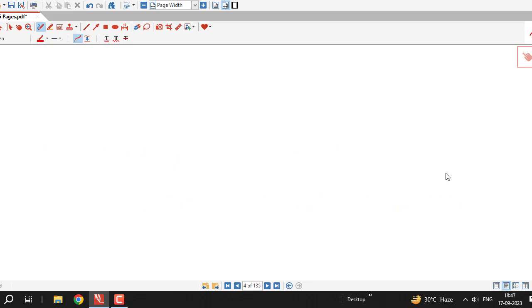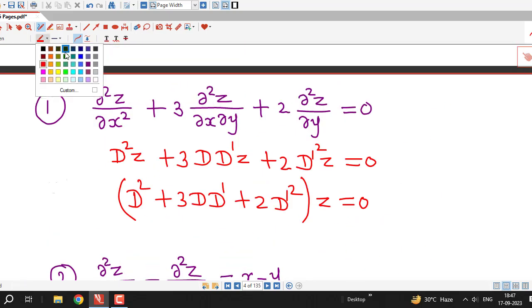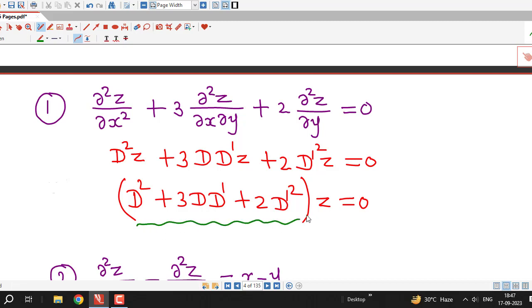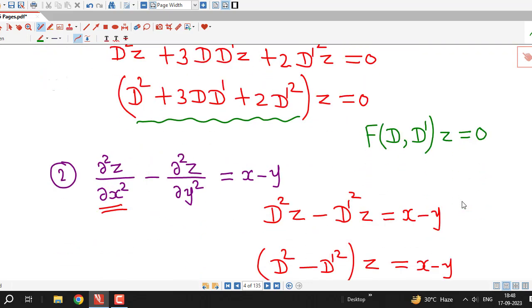Now we can observe that in the multiplication of z here, if you see this function, this is a function of two variables, capital D and D dash. So I can rewrite it as a function of D and D dash, denoted by capital F of D, D dash, z equal to 0.